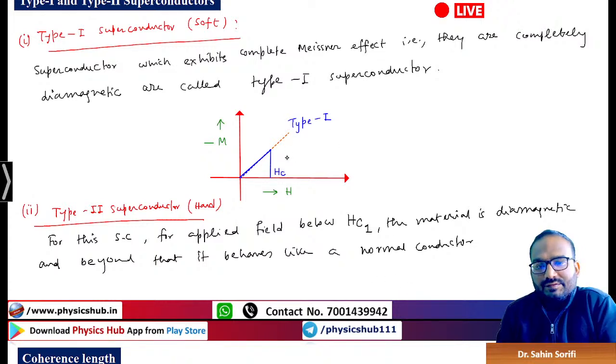So you can see this is the normal region, and this is your superconducting region.